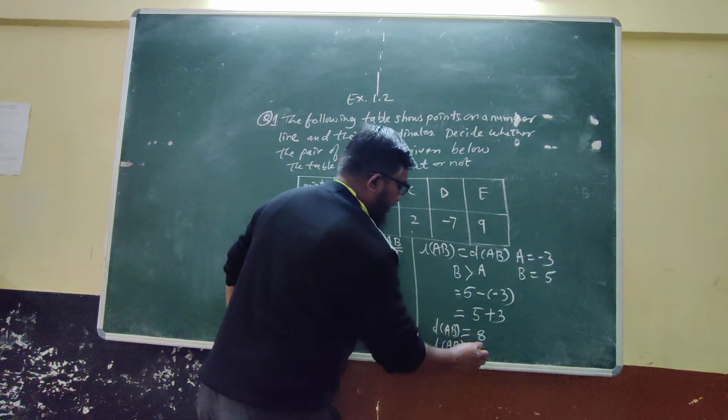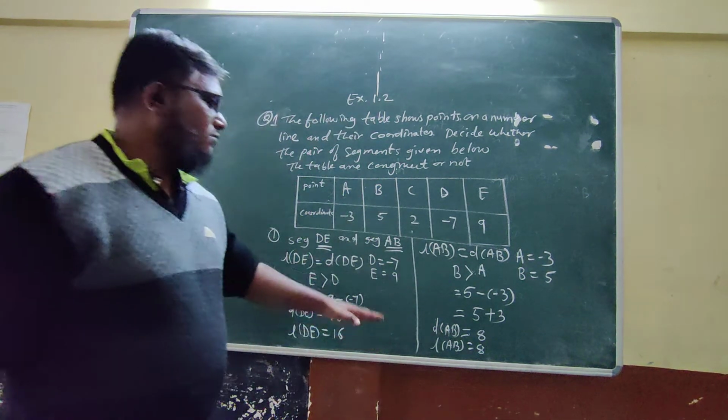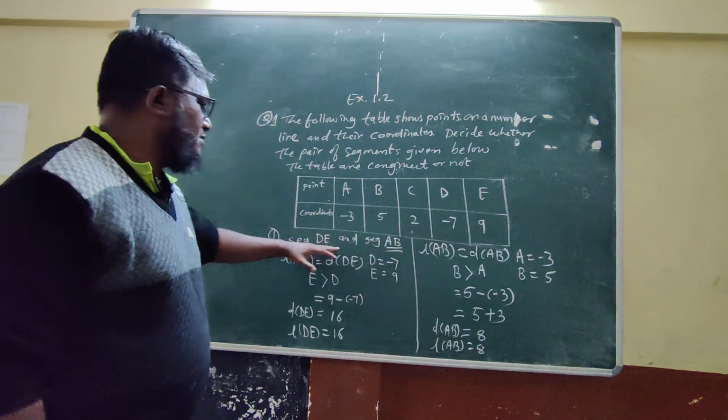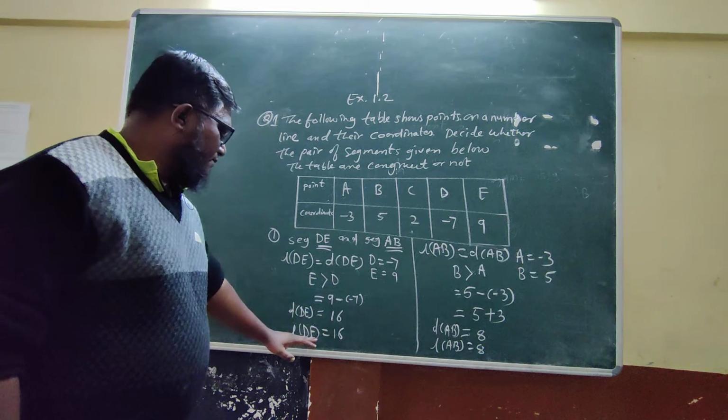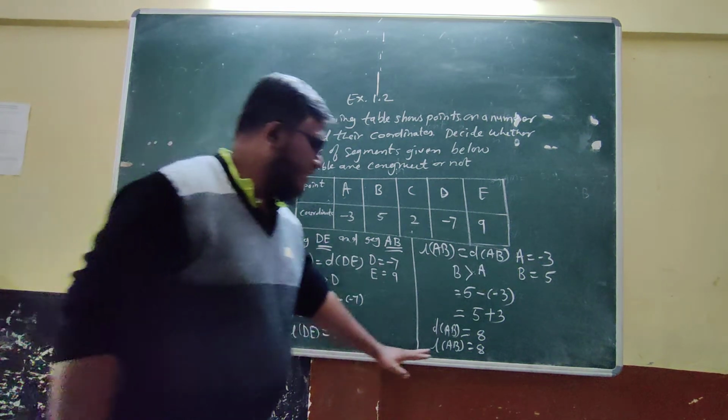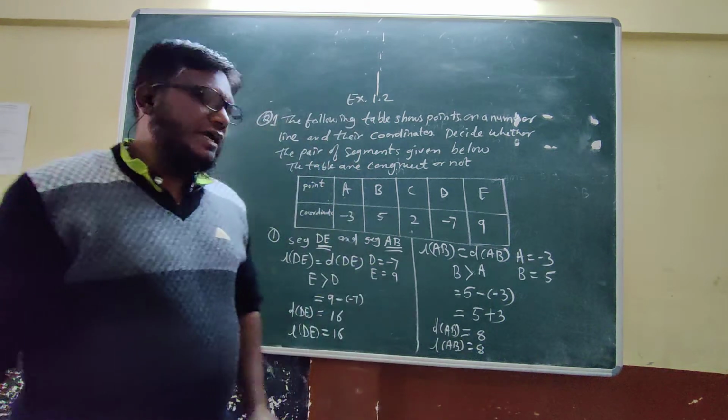But we have to identify whether the given pair of segments is congruent. From these answers, we see that DE has length 16 and AB has length 8.